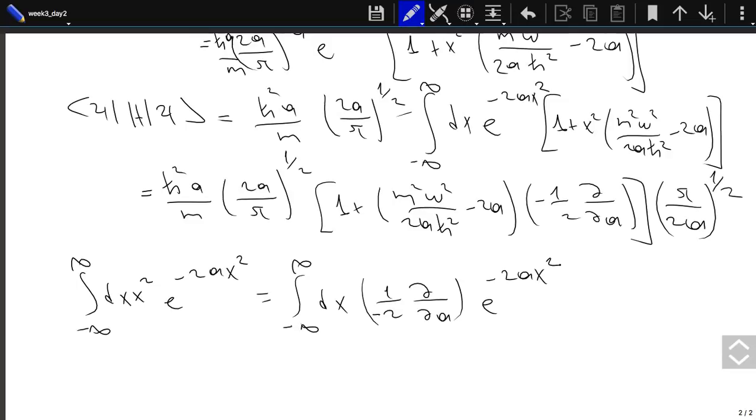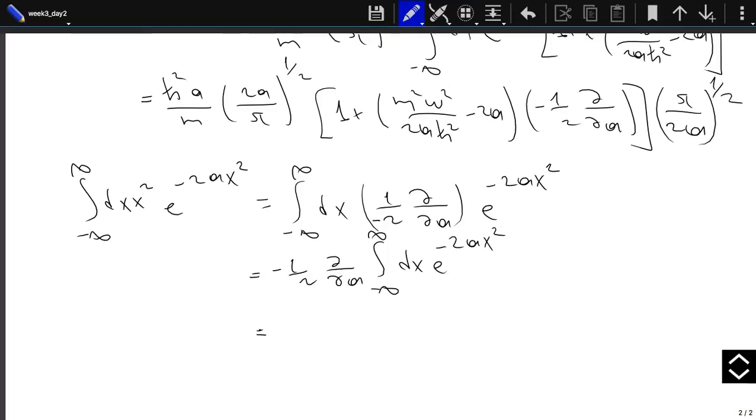I'm left with x squared times the exponent. Now the derivative I can take out, minus 1 over 2 del over del a from minus infinity to infinity dx e to the power minus 2ax squared. And that integral I already know. Pi over 2a squared.